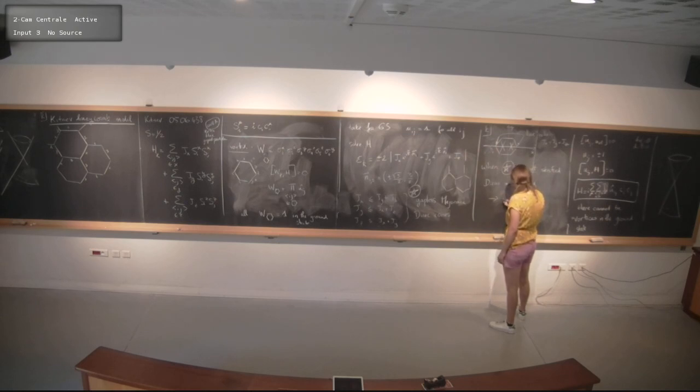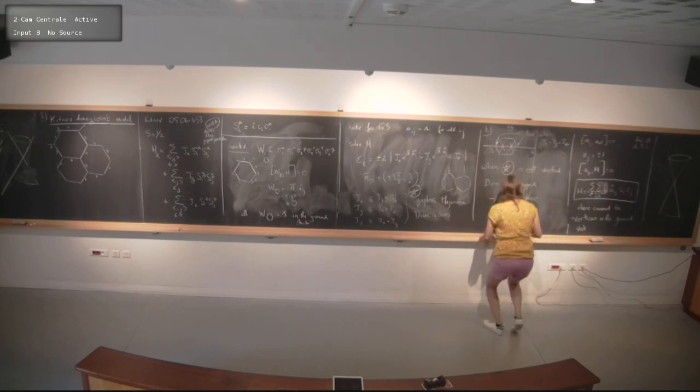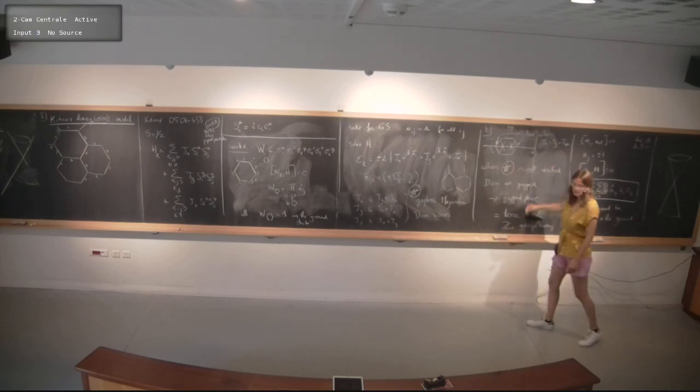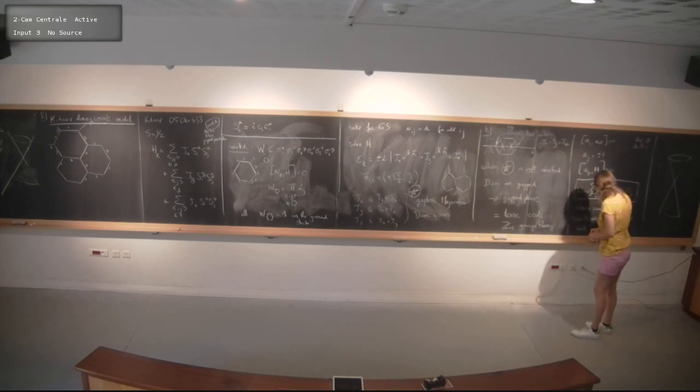So you get a gapped phase, which is equal to the phase of the toric code, which I don't have time to discuss, but this is a Z2 gauge theory. And it is one of the simplest quantum spin liquid states. Okay.